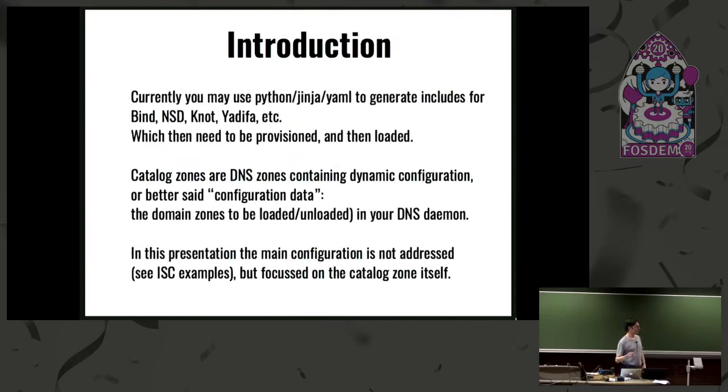As I said, I run an Anycast, and of course I need to generate configurations. I run about 7 top-level domain names on many locations, and I run them all in separate daemons, so I ended up with hundreds of daemons. The usual way to configure this, I think, is to use Python, Jinja, and YAML, and then synchronize that configuration, and then reload it to be loaded.